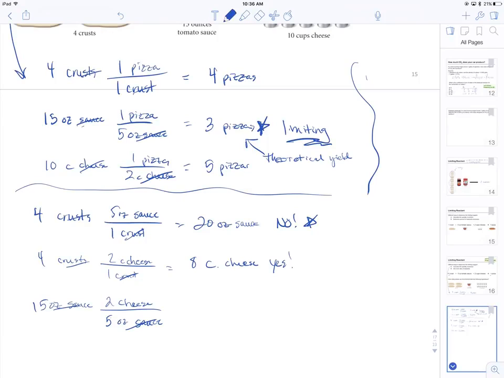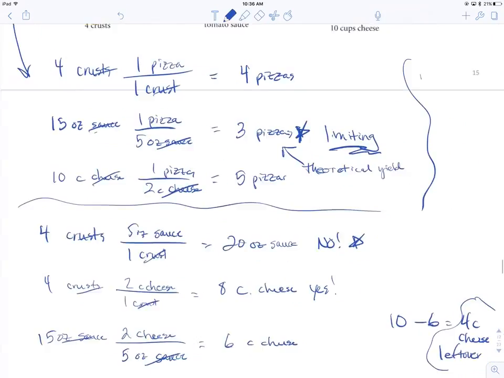So here I've got 15 divided by 5, which is 3, times 2 is 6 cups of cheese. And I'm starting with 10, minus 6 would equal 4 cups of cheese left over. All right, so we'll be looking at reactant left over potentially in this type of problem as well.